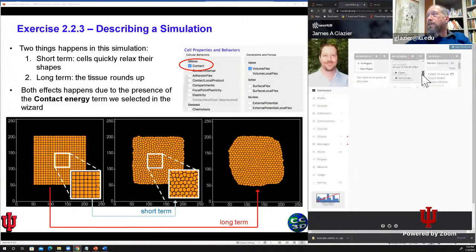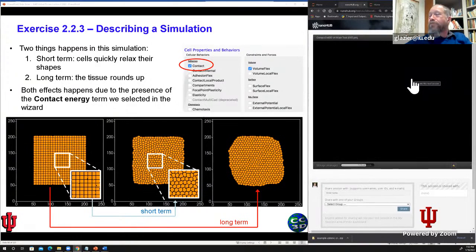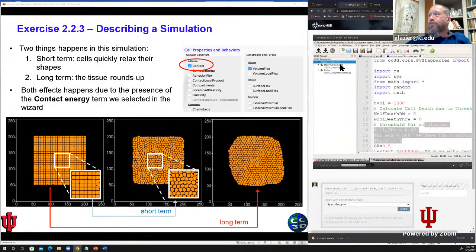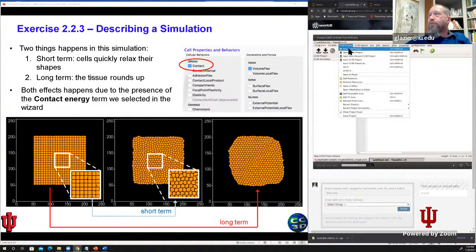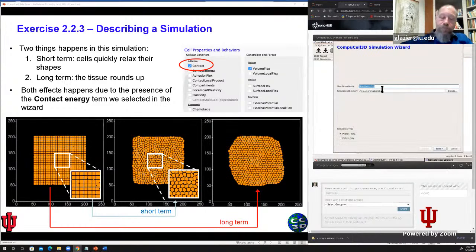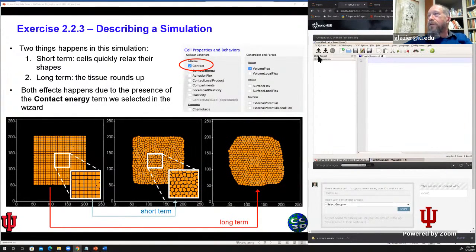Just to show that if it's crashing, it's not you. Okay, let's try again. Actually, the simulation is saved, so I can just open it.